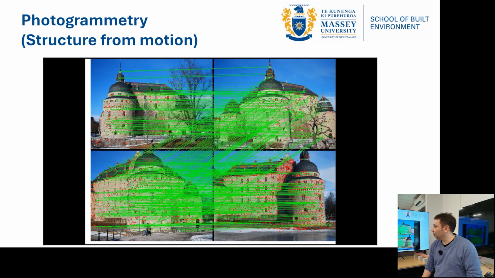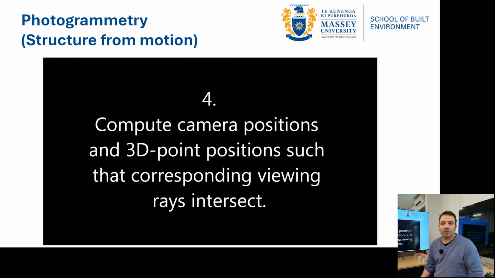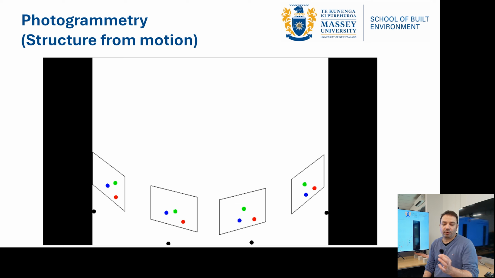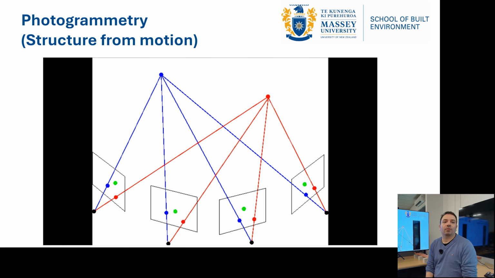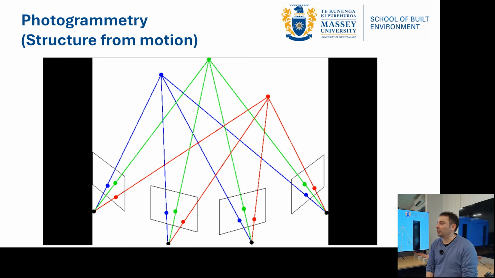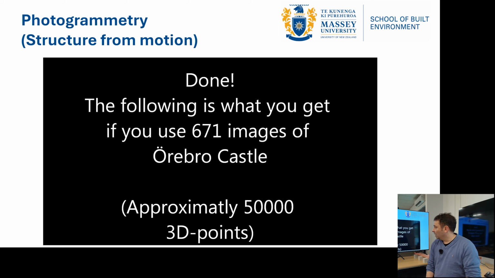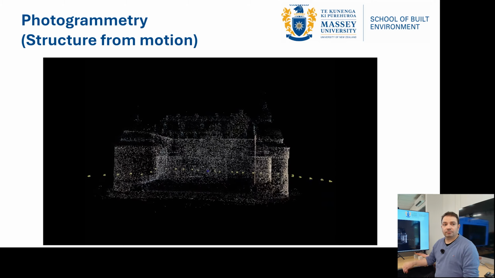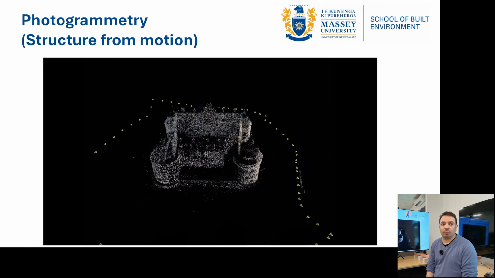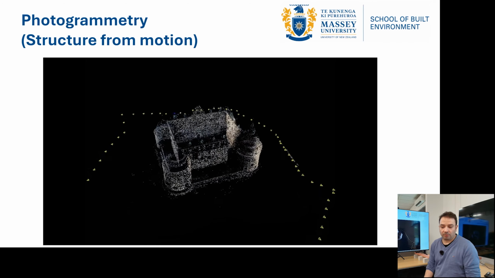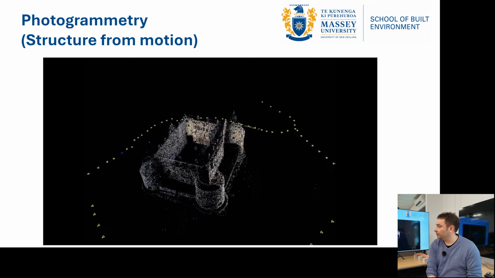And if you manage to get this matching well done, then you can use some advanced algebra to reconstruct the position of those points in a 3D space and reconstruct also the location of the camera in the same 3D space. So if you do this thousands of times, then you have a point cloud just extracted using simple images, nothing more than what you already have in your pocket.